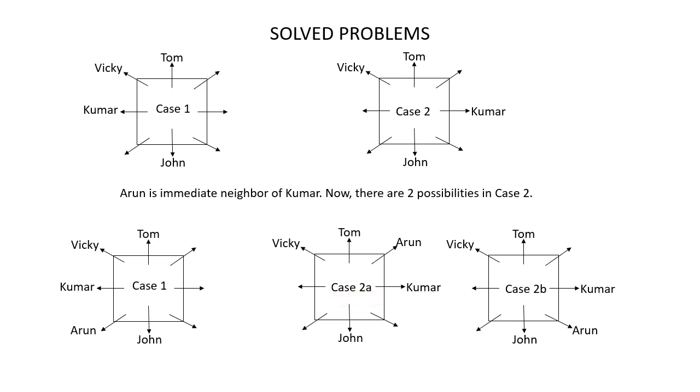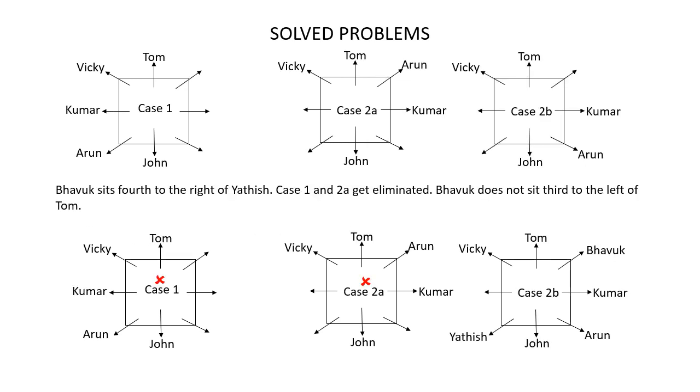Supposing Arun sits in this position as the immediate neighbor of Kumar, then this will be case 2b. So now we have case 1, case 2a and case 2b.